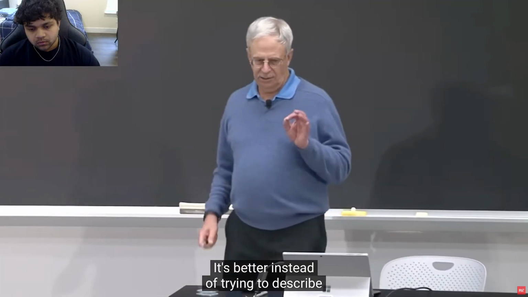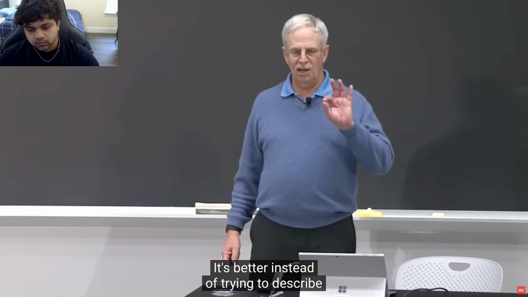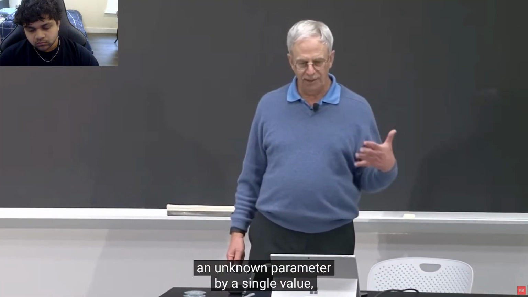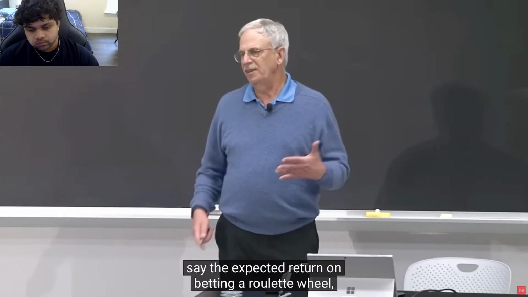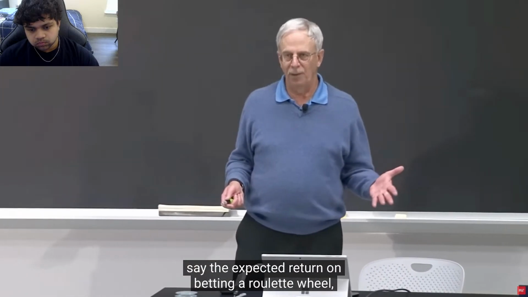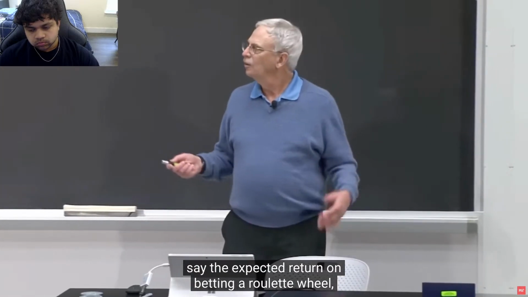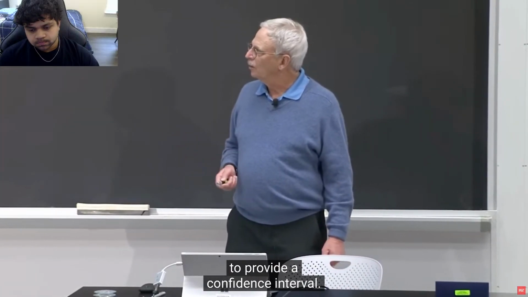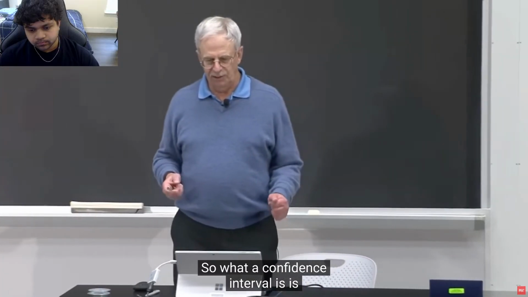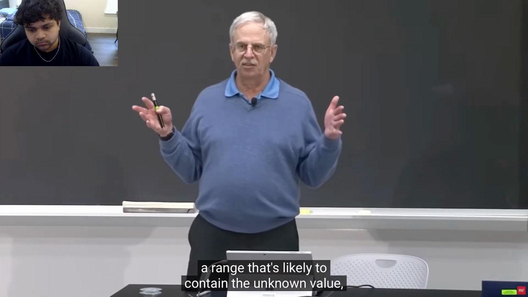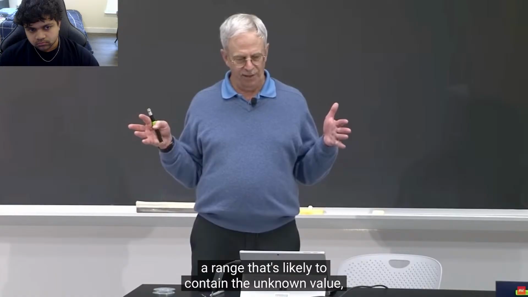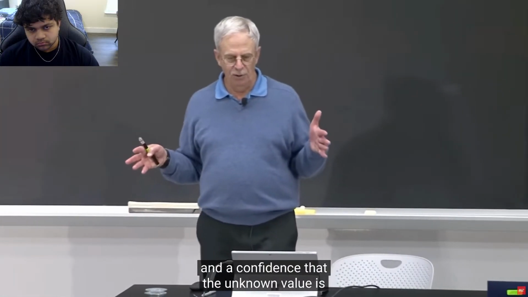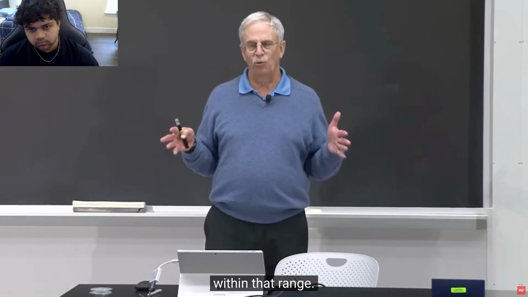It's better, instead of trying to describe an unknown value by a single value, say the expected return on betting a roulette wheel, to provide a confidence interval. A confidence interval is a range that's likely to contain the unknown value, and a confidence that the unknown value is within that range.